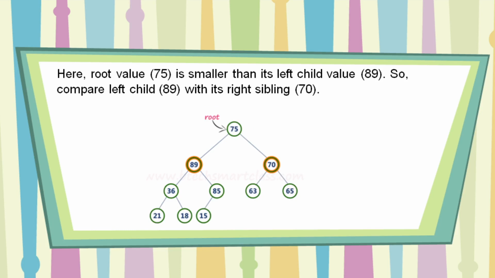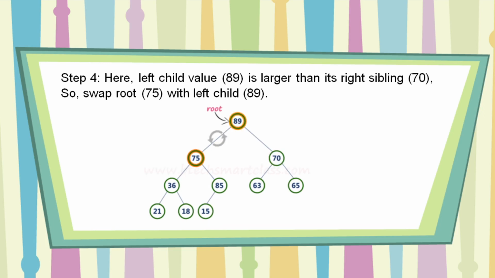Here the root value is 75. 75 is smaller than its left child 89. So we are comparing it with its right sibling, and the right sibling value is 70. Here the left child value is larger than its right sibling 70. So we swap 89 and 75.